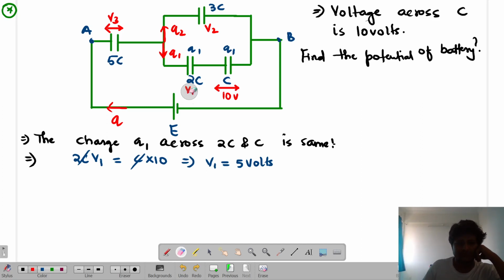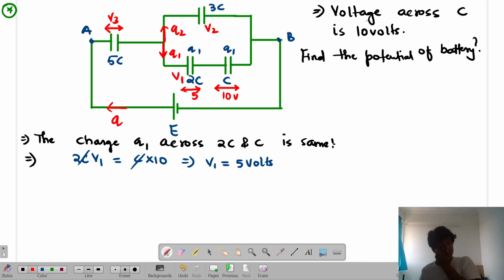So this becomes 10 plus 5, which is 15. So net potential over here is 15, and in parallel connection the potential remains the same. So V2 will also be 15 volts, and this will be 5 volts.